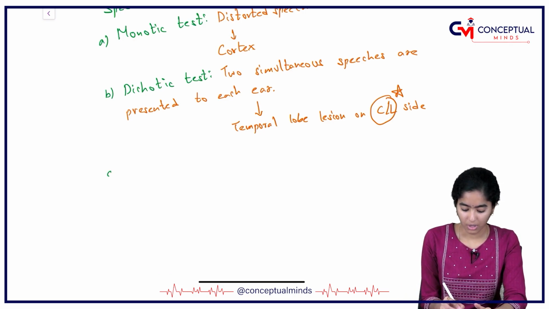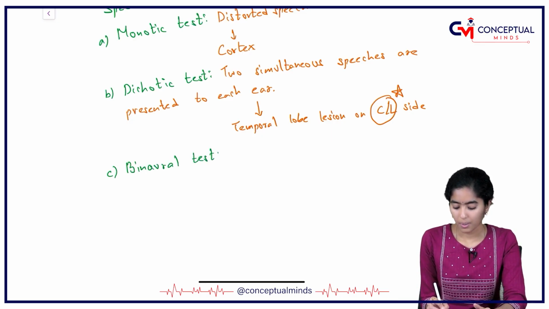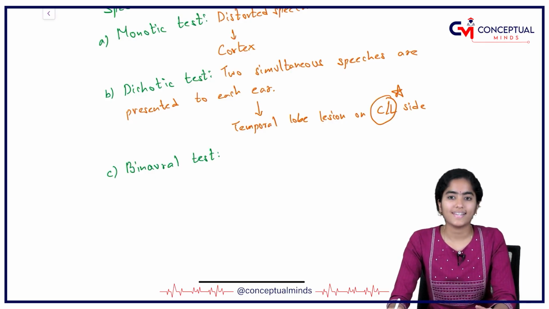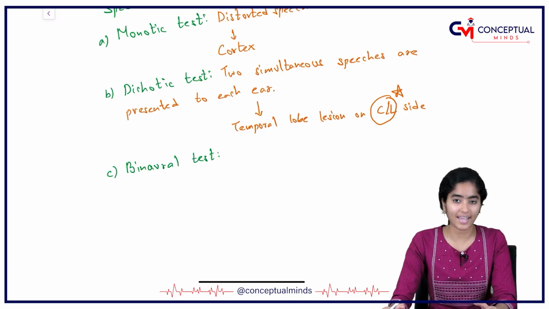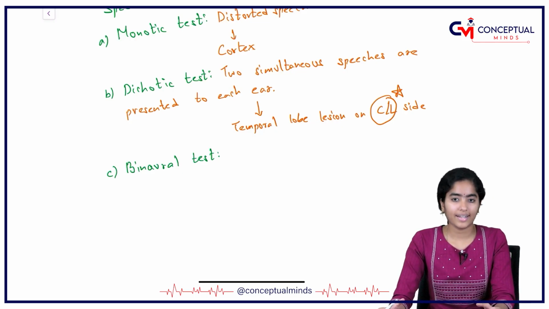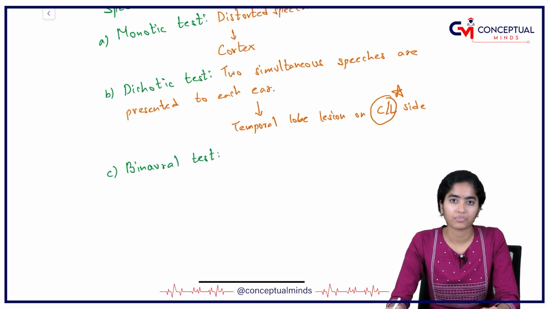Next we have the binaural test. The binaural test sees if the patient is able to integrate the information from both the ears. How do we identify the direction of sound?